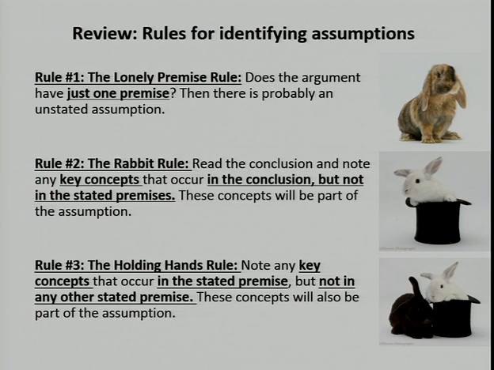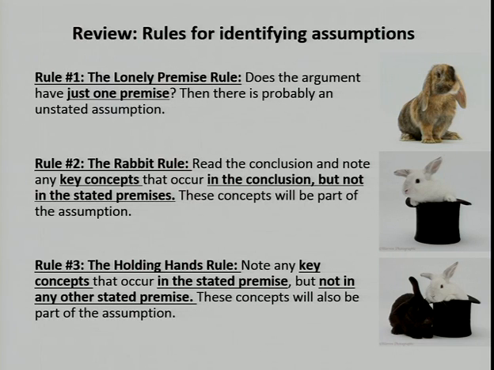So that's really just a first shortcut indication. And then there were 2 mirror rules that looked either at the conclusions or at the premises that are actually there, that can be used to also identify whether a further assumption is needed and what that assumption is going to have to be.